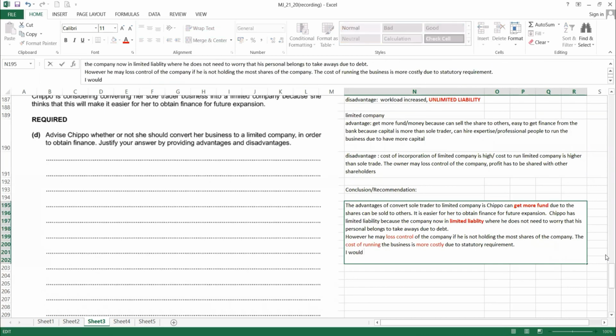I would suggest, I would advise Chipo to convert the business into limited company because she needs a lot of funds to run the manufacturing business.